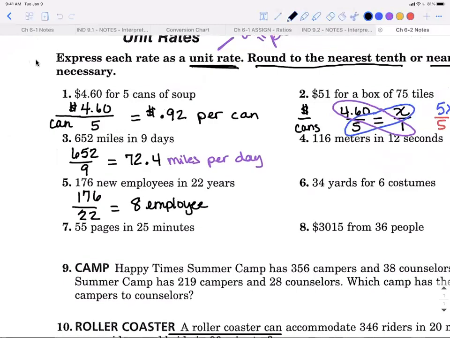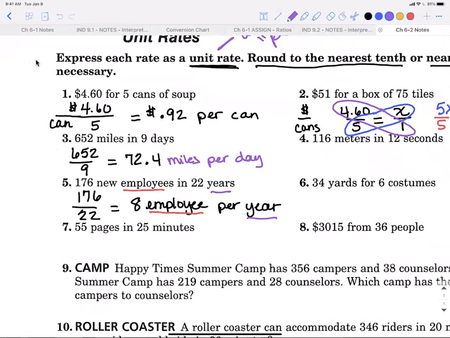What's the word it's got to have? Per year. Notice my per, it's employees, and then the word per, and then years. So your answer should match your question. Employees in 22 years, employees per year should be your answer.